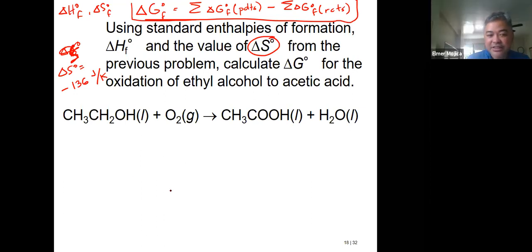Now let's get the delta H value. For this, the delta H is given as negative 277.6. This one is 0. This is negative 467 or 487.0, and this is negative 285.8.